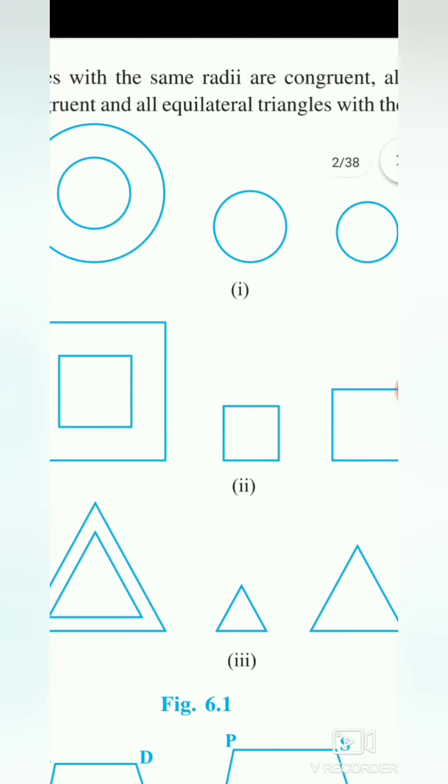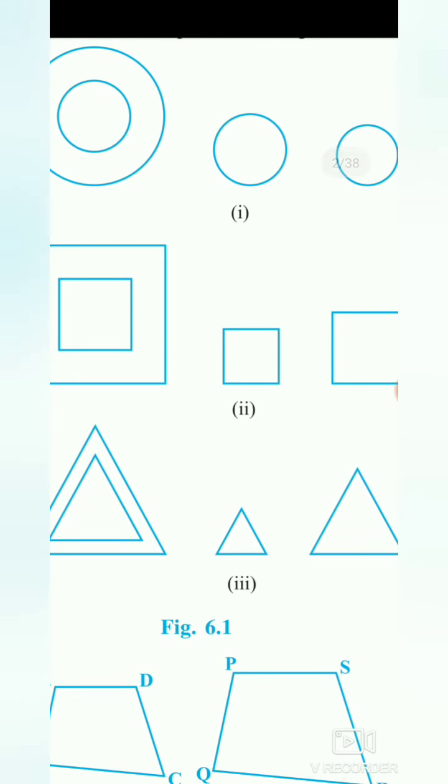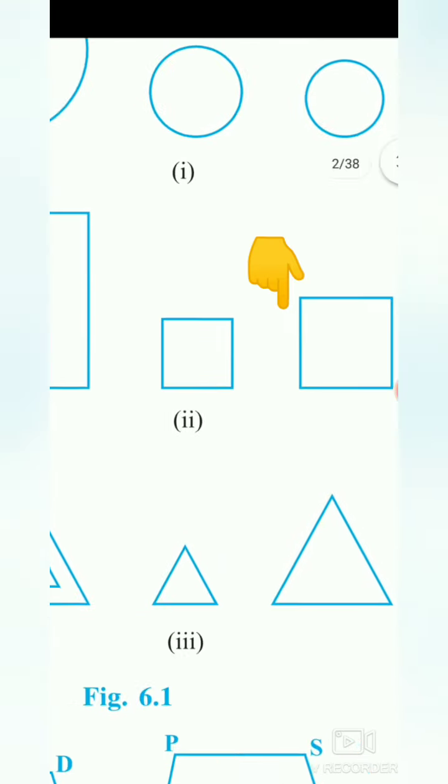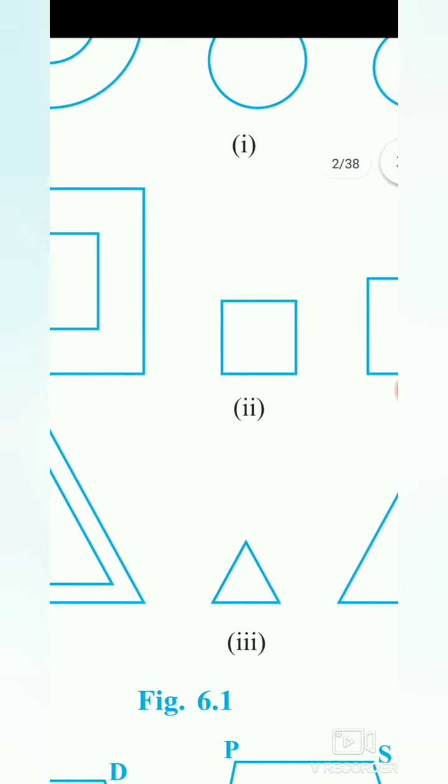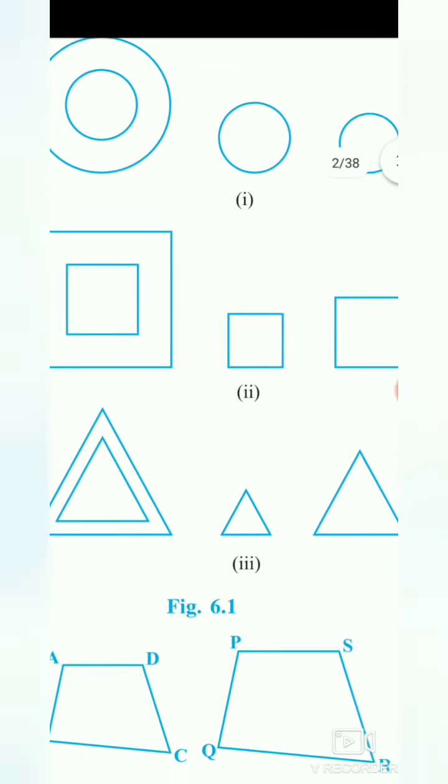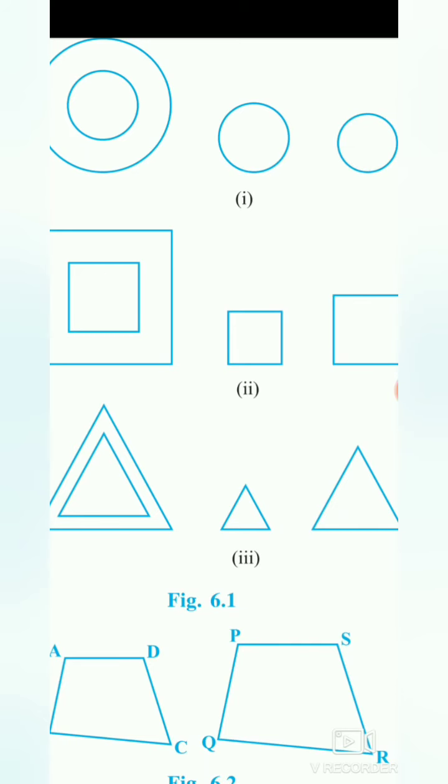So the similarity we can see is that this one is a circle with different radius, and this one is a square which has equal angles. In all three of them, angles are the same. As it is a square, the angle will be 90 degrees. Only the sides will be different.